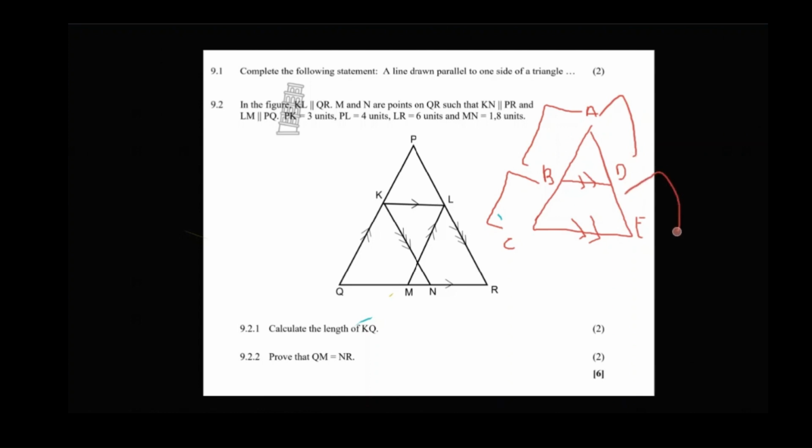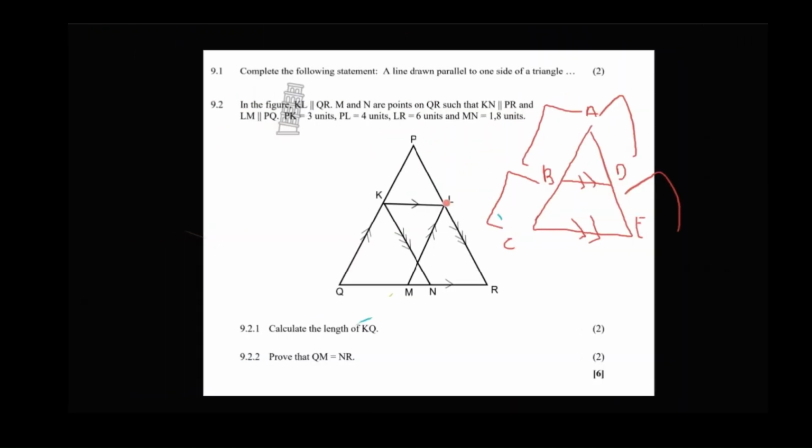It divided the triangle in proportion. That is exactly what the prop theorem tells us. So to complete the statement: a line drawn parallel to one side of a triangle divides the other two sides proportionally, just like I've explained.